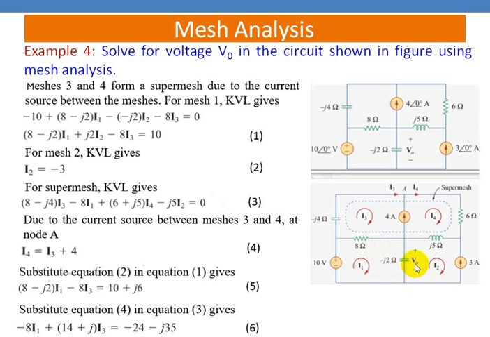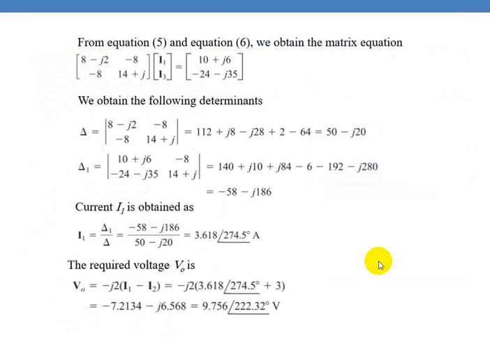So you get this polarity only when the current direction is like this. Whereas this current I2 is in the opposite direction, flowing from bottom to top. So therefore I1 minus I2 into minus j2 will give you V0. So once you know I1, you can find out the voltage V0.